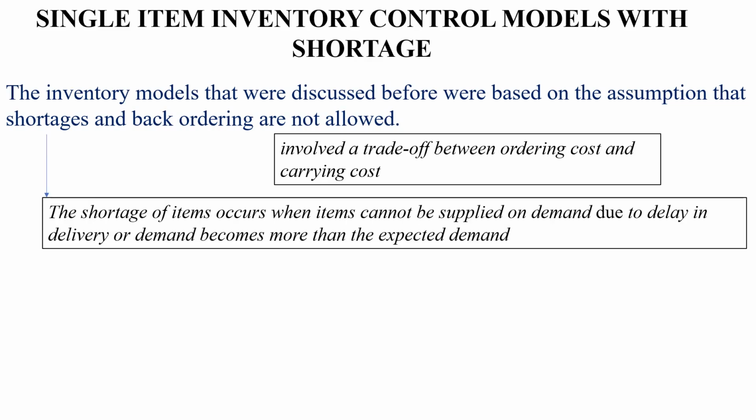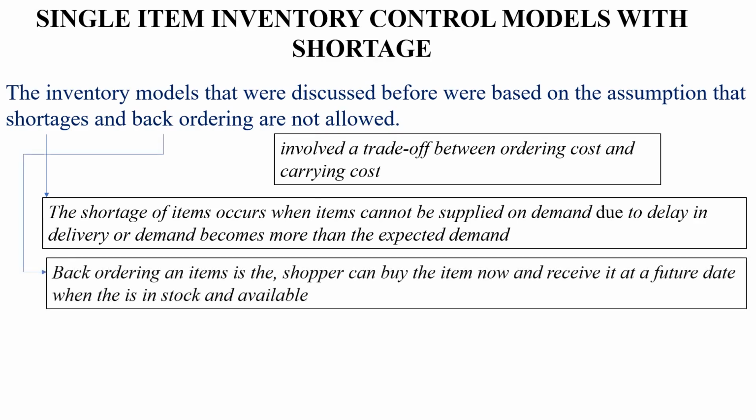Shortage of items occurs when the items cannot be supplied on demand, due to delay in delivery or because demand becomes more than the expected demand. So it is not receiving the inventory items at the expected time due to delay in delivery or huge demand.